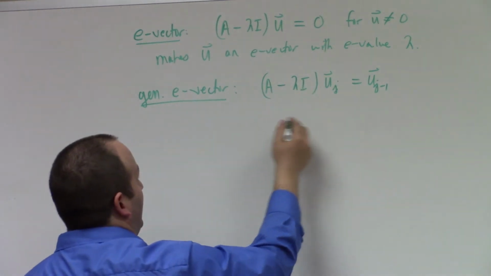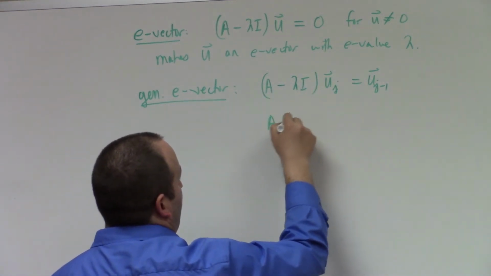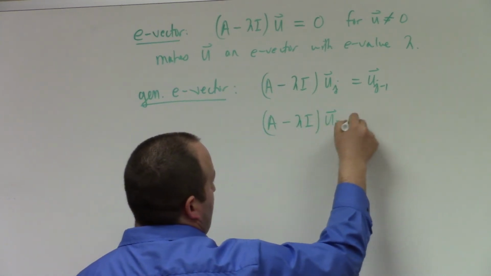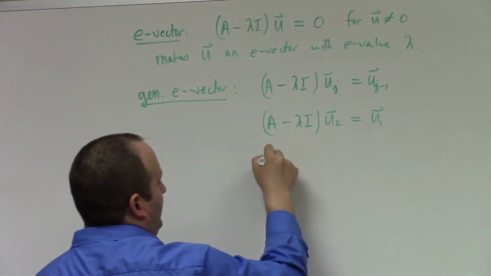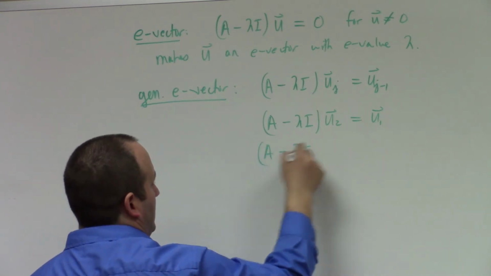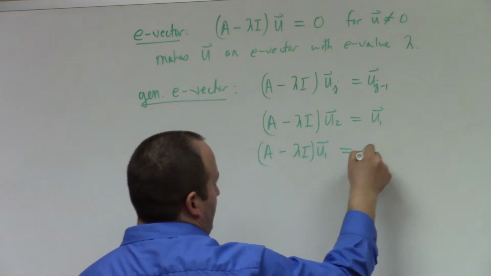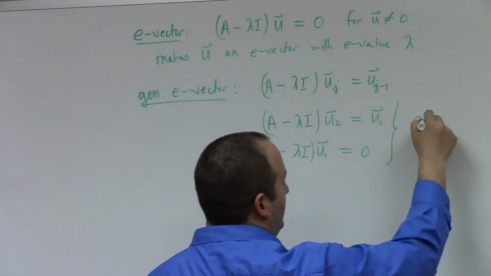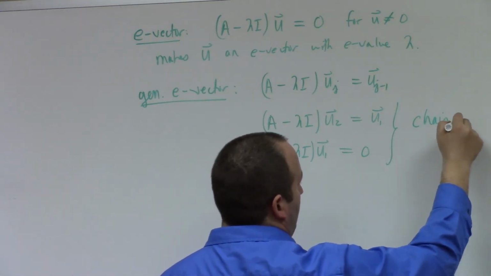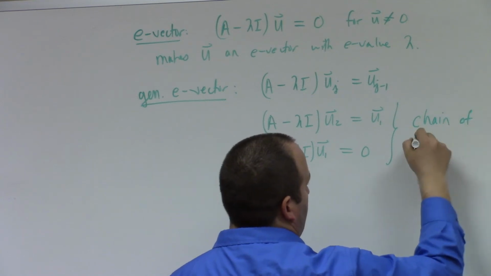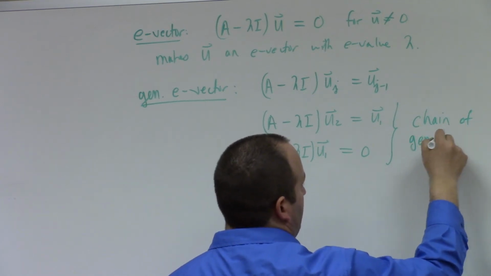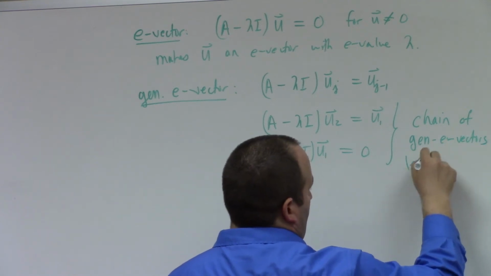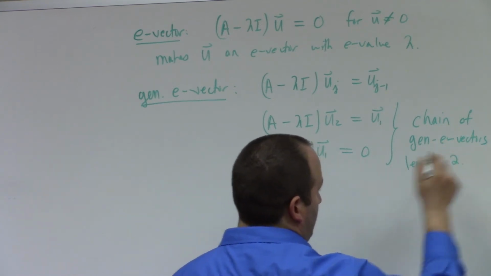For example, if I have just two of them, A minus lambda I times U2 equals U1, and A minus lambda I times U1 equals 0, then this will be a chain of length 2.